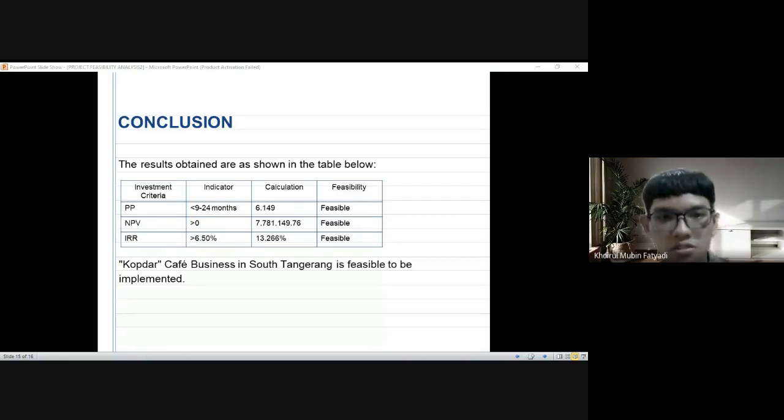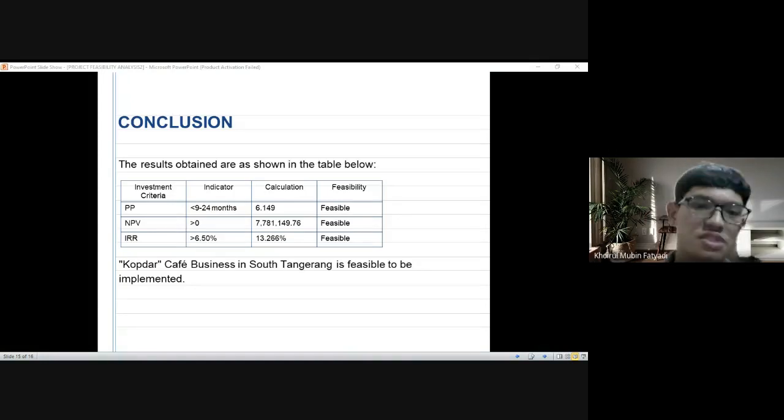So the PP is feasible, and the NPV is 7,781,149.76, where the NPV value shows positive results. So the NPV is feasible.